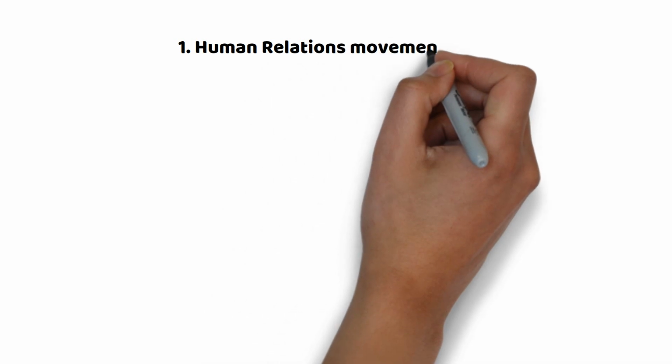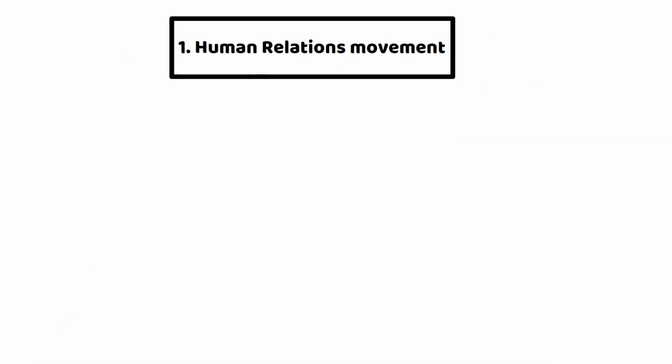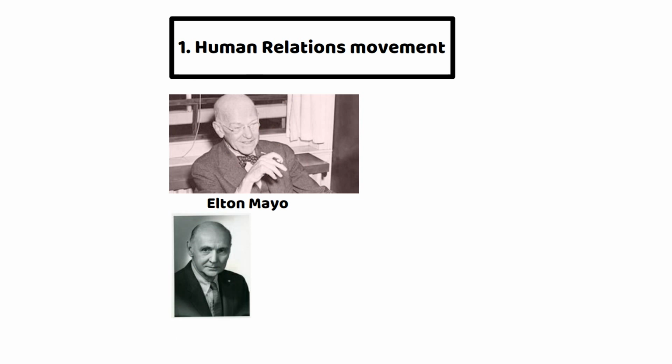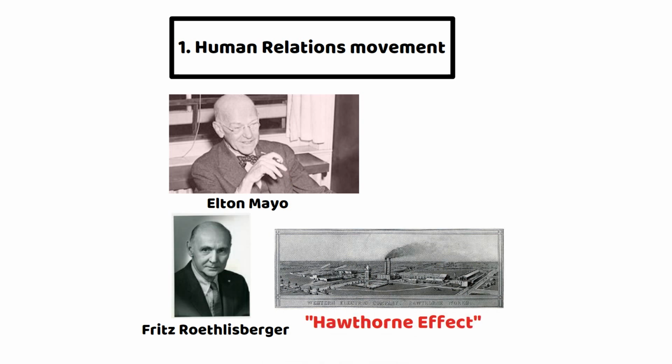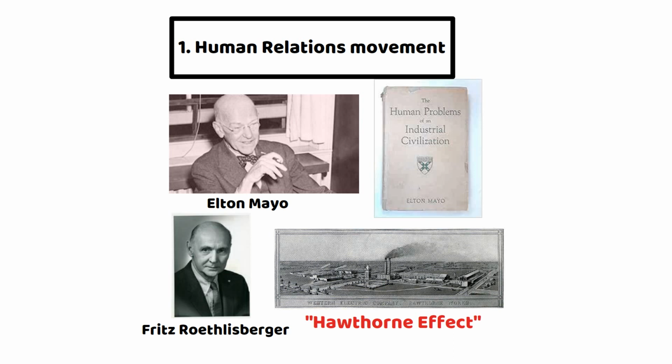In human relations movement, we saw the contribution of Elton Mayo and Fritz Roethlisberger. In this, we studied the concept of the Hawthorne effect, which is a psychological phenomenon in which study participants change their behavior or performance in response to being observed by the researcher. In his 1933 classic, The Human Problems of an Industrial Civilization, Mayo advised managers to attend to employees' emotional needs.